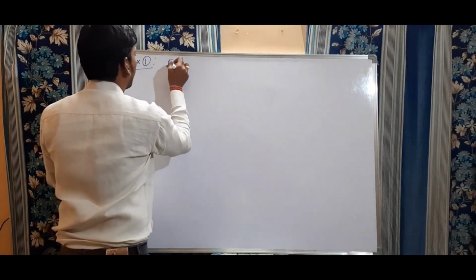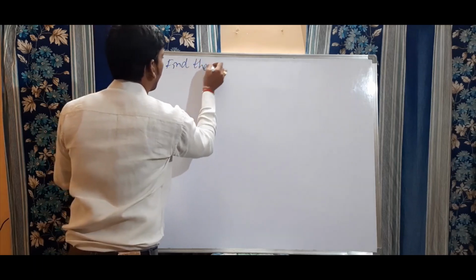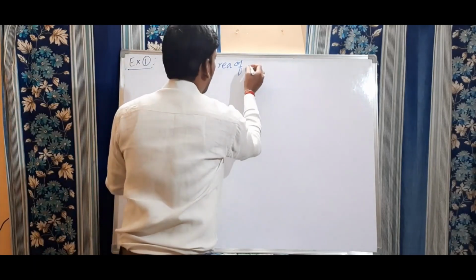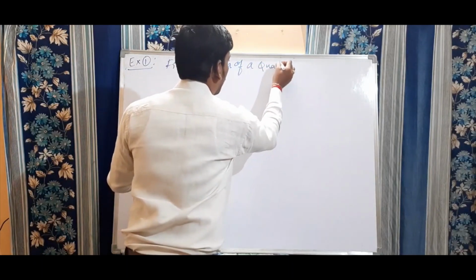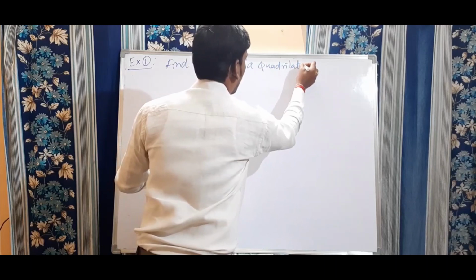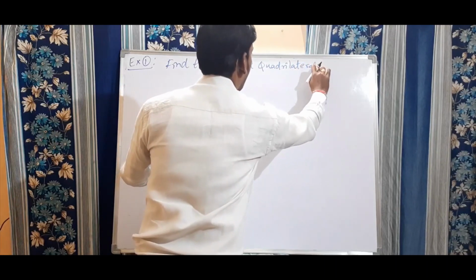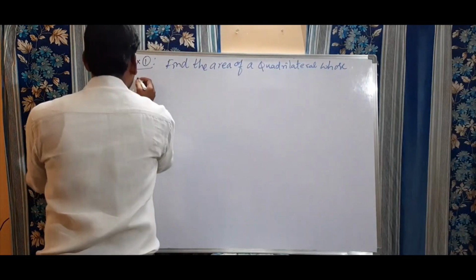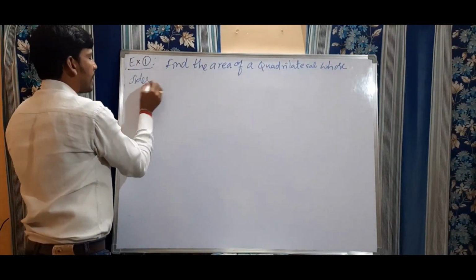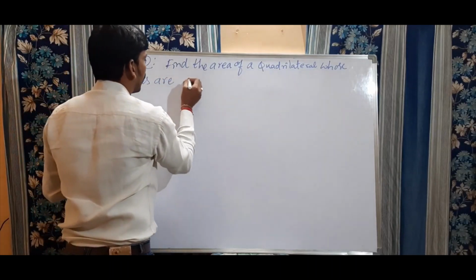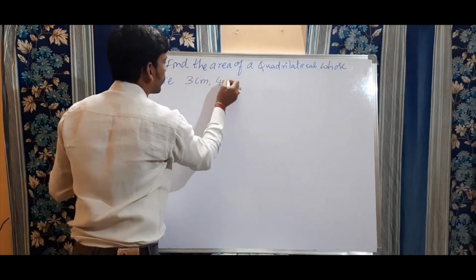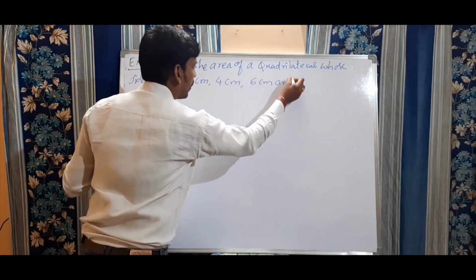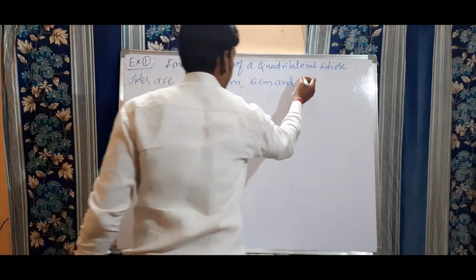Find the area of a quadrilateral whose sides are 3 centimeters, 4 centimeters, 6 centimeters and 7 centimeters.